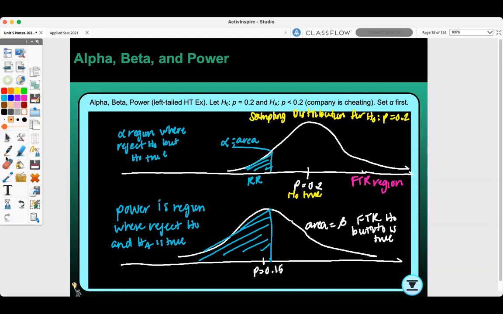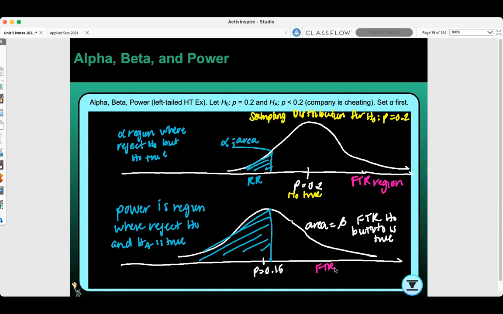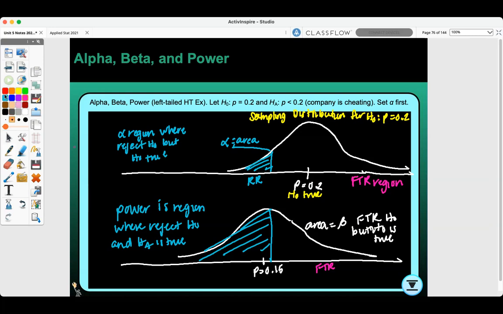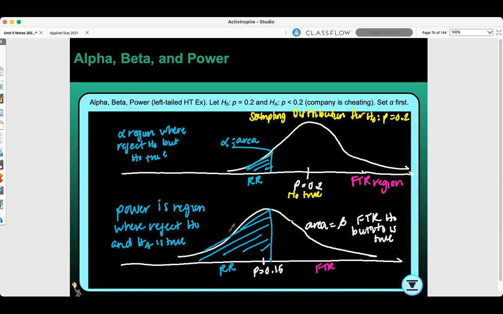And don't forget, this side here is our fail to reject region, and this side here is our rejection region. So when that region increased, power increased.